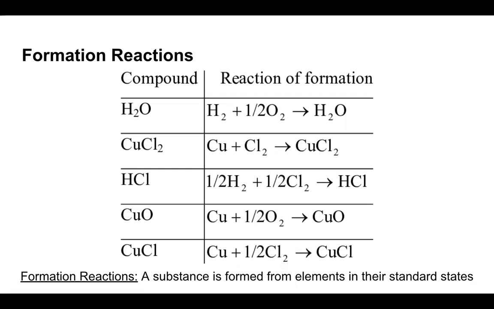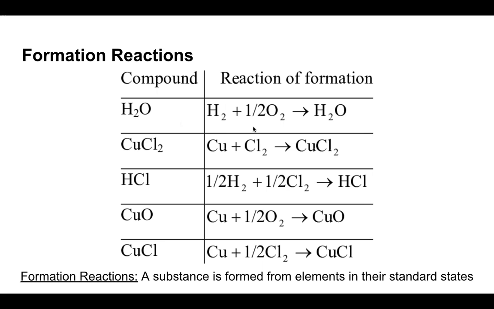And formation reactions are basically reactions that describe the formation of a specific compound. So if we're looking at H2O, for example, and we wanted to come up with a formation reaction for H2O, it would be made up of the different constituents that make up H2O.